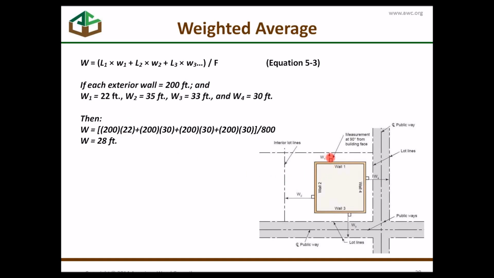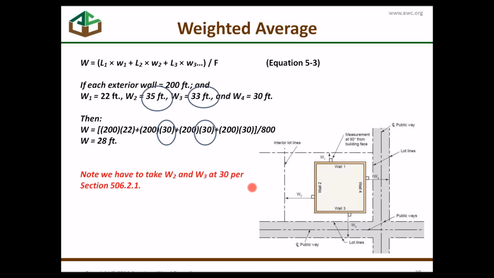That's the width of open space on this side. 200 times 30. You say, what? Where did the 30 come from? Remember, you got open width of more than 30 feet. You got to use 30. That's where that plugs in there.